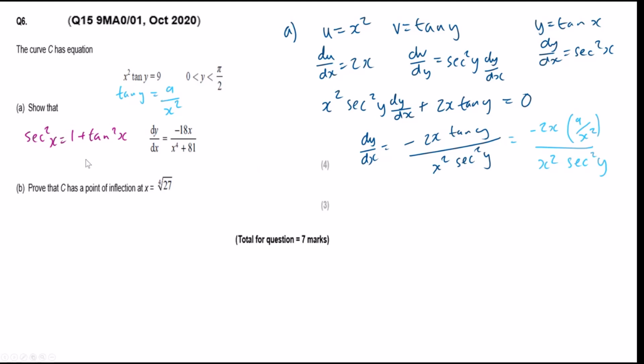This is something we're going to have to use a bit later, right? So if we're doing that in terms of y, obviously that is 1 plus tan squared y. This is why you can see it's a very hard question, right? Because we know tan y here is 9 over x squared, so our tan squared y must be this.